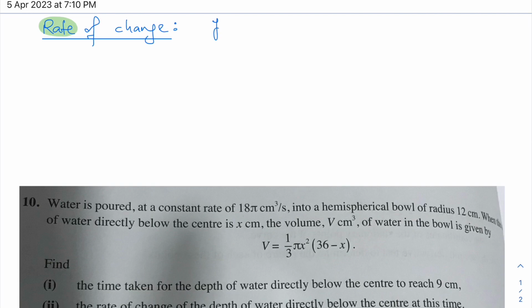So for example, I have a function that is expressed in terms of time, 3t squared minus 7t plus 1. This is a function. I want to know what is the rate of change of this function.